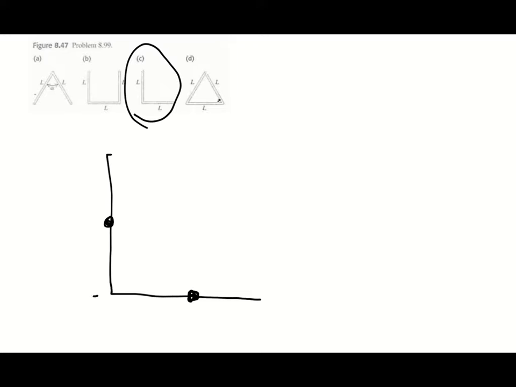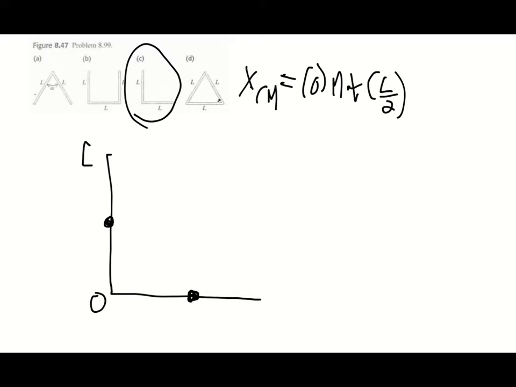Again, if I'm going to call this 0 and I call this L, then the X CM is going to be 0 times M plus maybe L over 2 times M, all divided by 2M, which is actually going to give me L over 4.